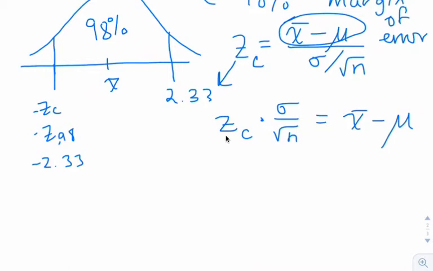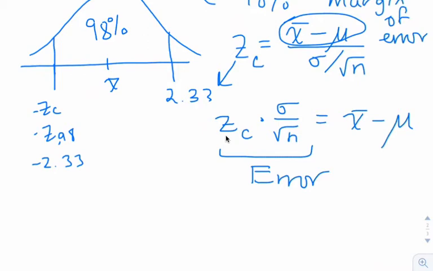Okay, so this is going to be our error. I'm using ZC here to be more general, but in this particular case C is 0.98, and so ZC would be 2.33.